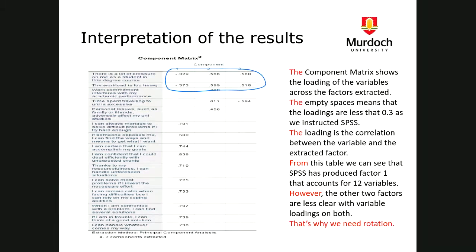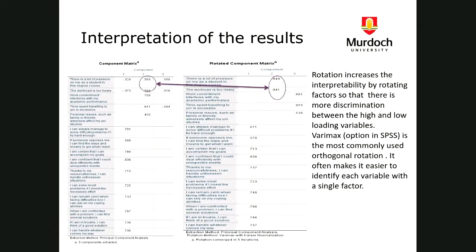We don't want to mix. We don't want one variable to be with more than one factor. So what to do now? In this regard, we go for something called rotation. And remember, in the procedure, we clicked on rotation and we selected Varimax.